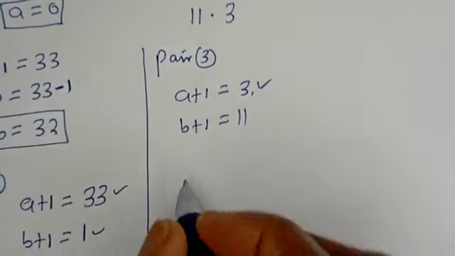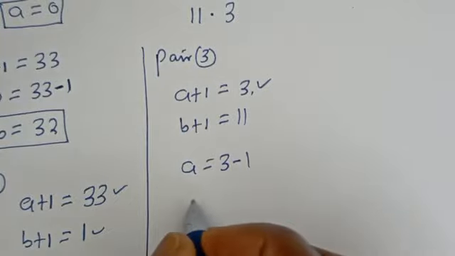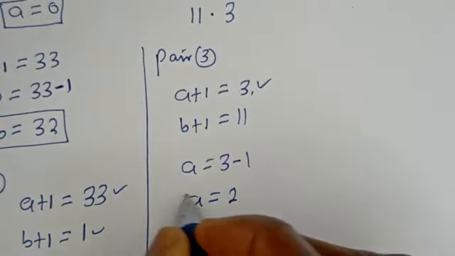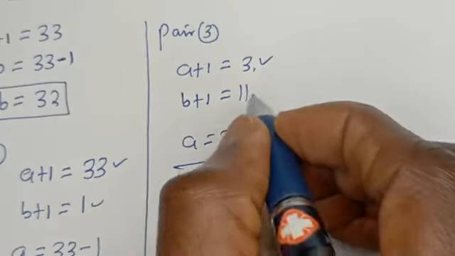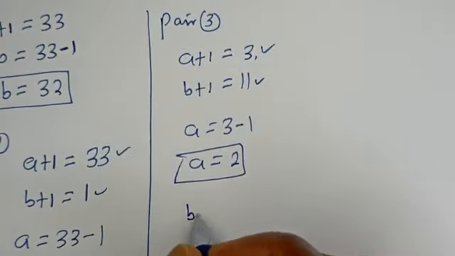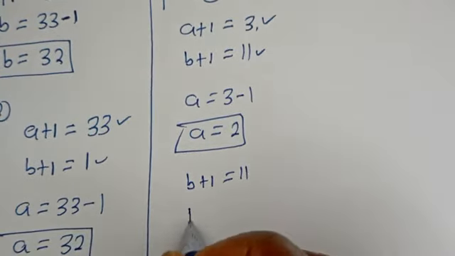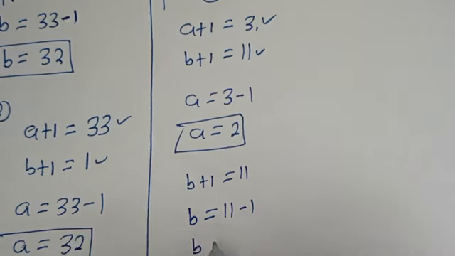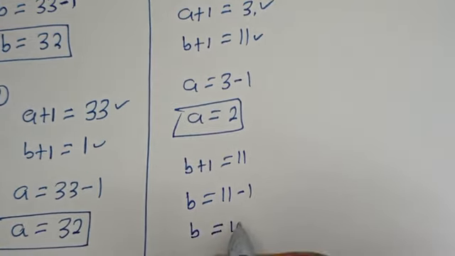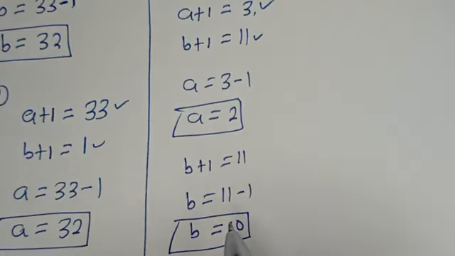Let's consider this. a is equal to 3 minus 1. a is equal to 2. Also from here, b plus 1 is equal to 11. b is equal to 11 minus 1. b is equal to 10. Now we are done with the third pair.